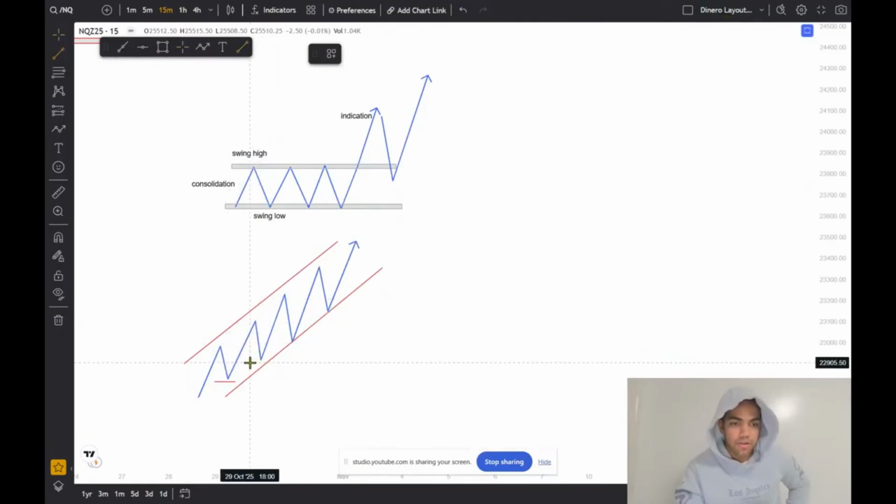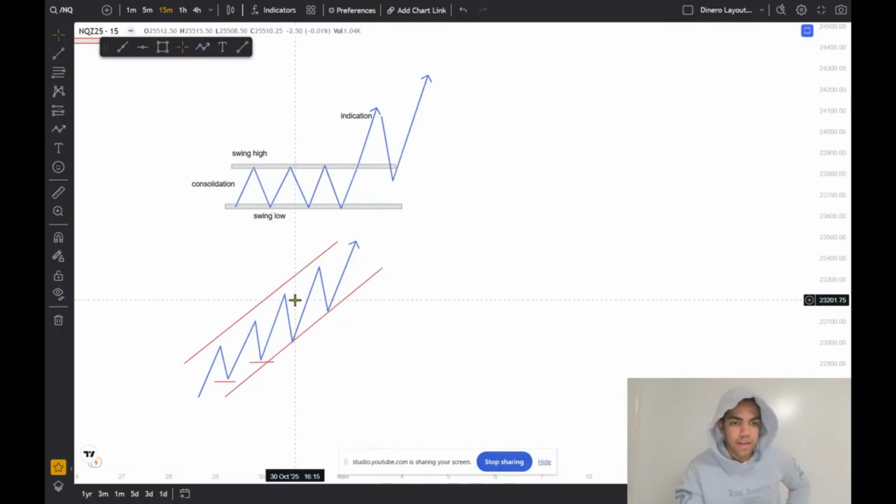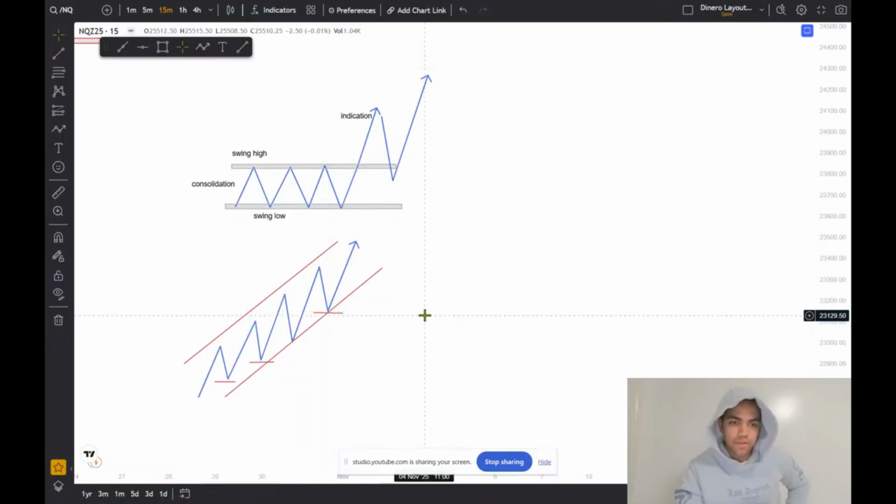And then you have higher lows right here, right? And it's making higher highs and then making higher lows and higher highs, higher lows. That's your trend. So the same way it did higher highs here, higher lows. So you have your higher low right there.